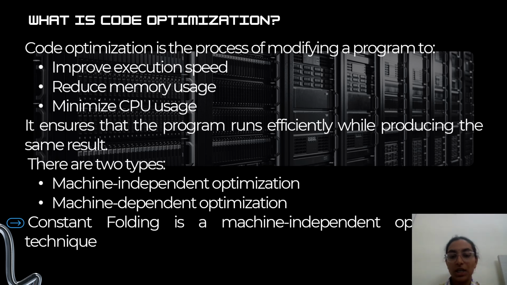First, machine independent optimization, which works regardless of the hardware, and second, machine dependent optimization, which depends on specific hardware architecture. Constant folding is a machine independent optimization technique, meaning it can be applied to any system.